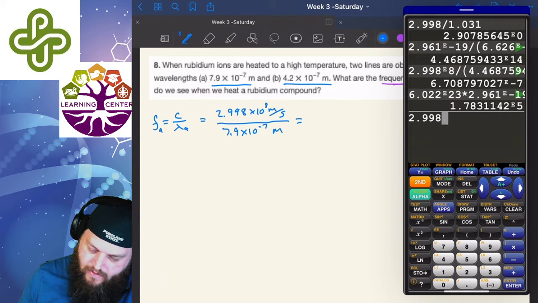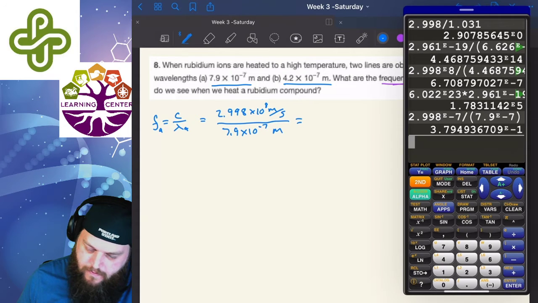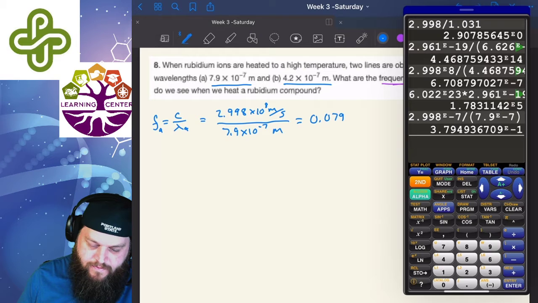I forgot to put my parentheses in, so let's throw those in. And this is equal to 0.079 per second.